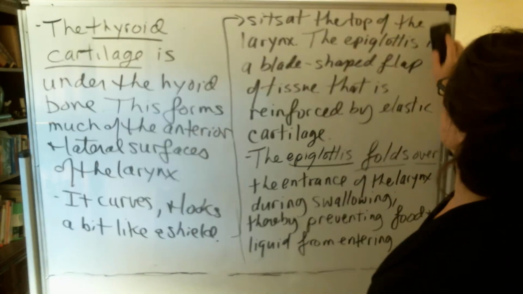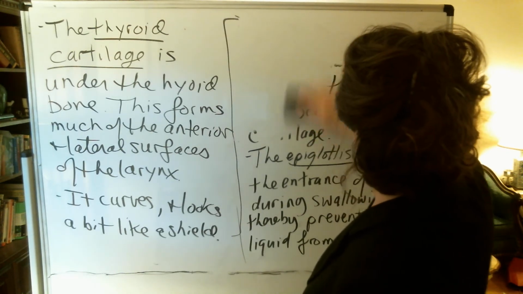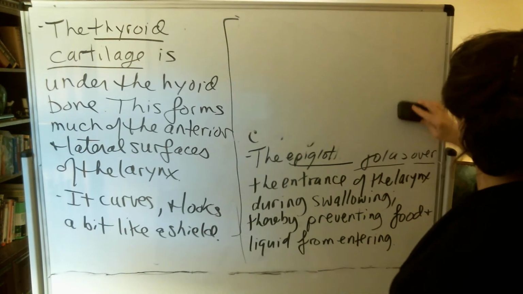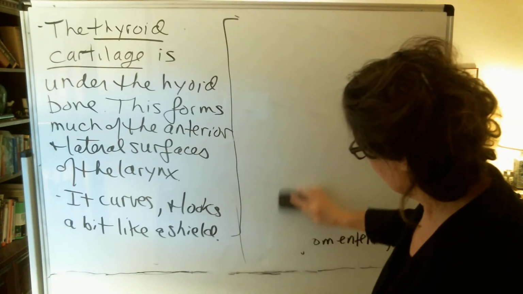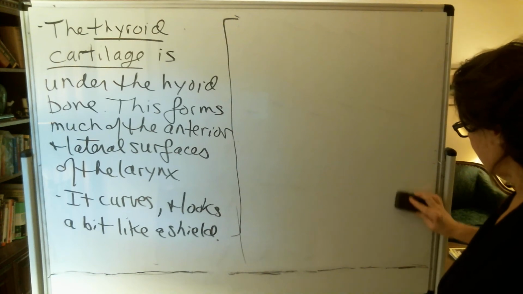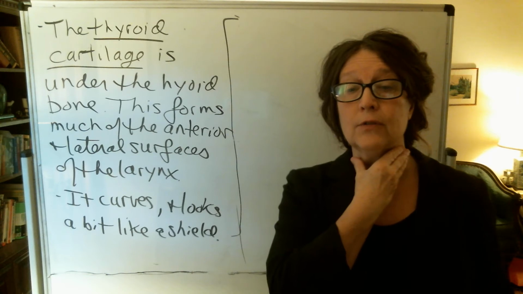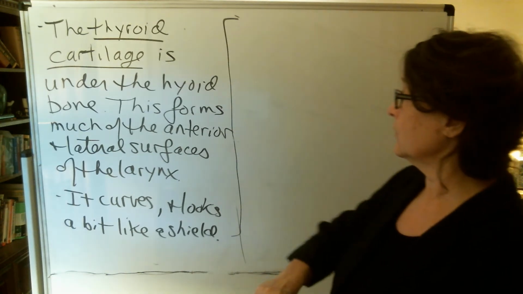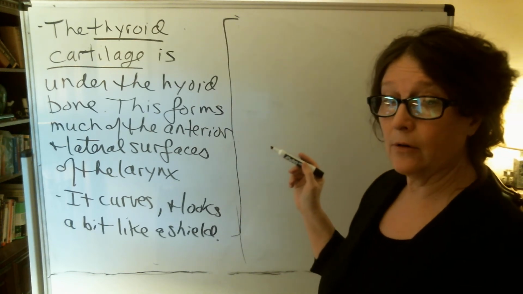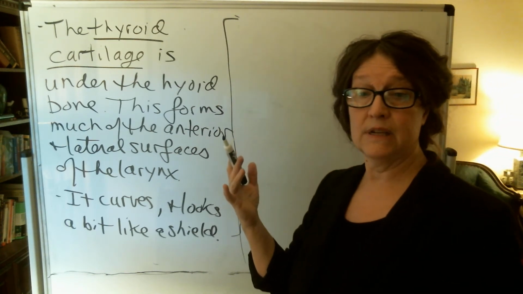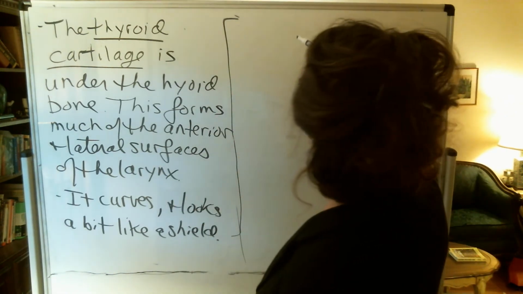I'm going to draw a couple of pictures here. So again, this is strictly diagrammatic, but I want to give you the idea that the thyroid cartilage kind of curves like this and offers a certain amount of protection to what is underneath. Some people might also say that it, in a way, resembles a saddle, which also curves, or a butterfly with its wings folded back.